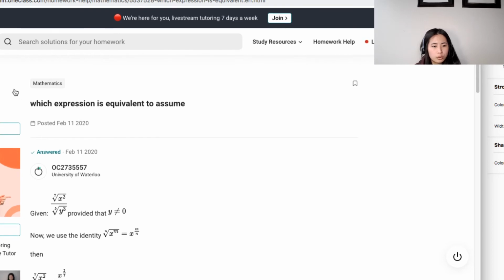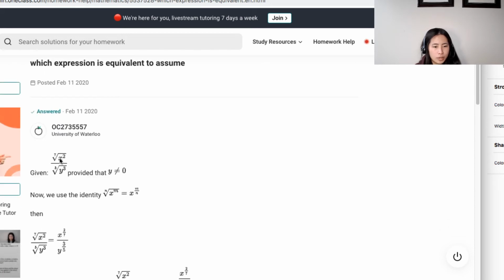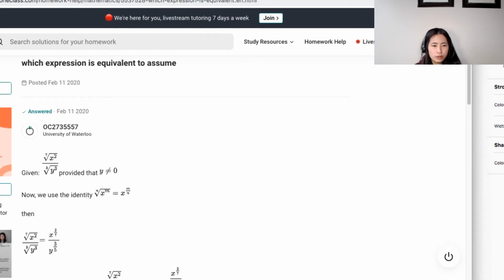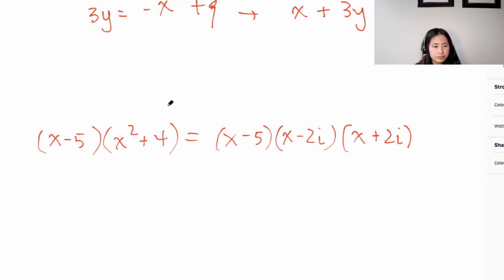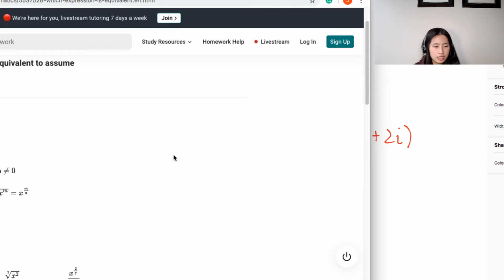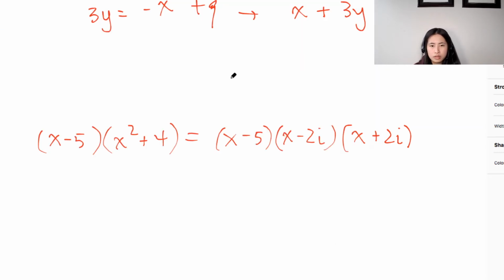Okay, great. So let's move on to this question. Which expression is equivalent to this? Because we have exponents that we need to deal with, I think it's easier if we try to write this down. So we have 2, 7, 3, and 5.